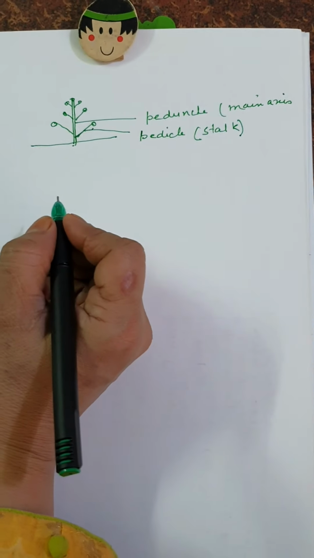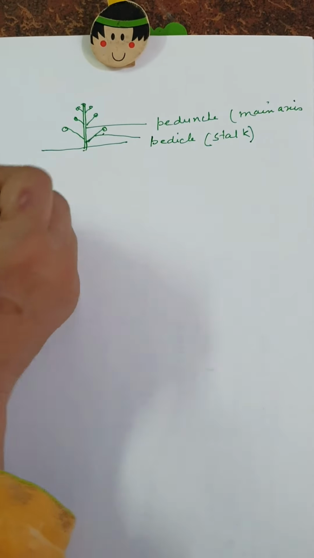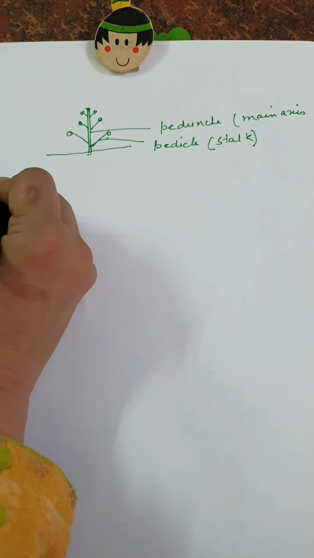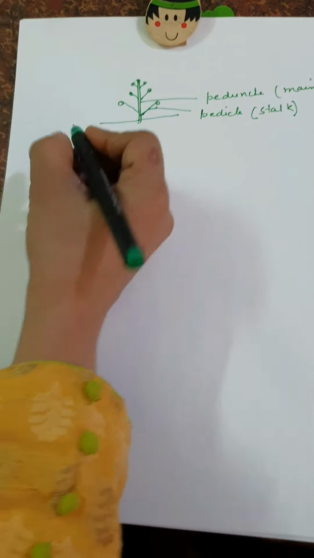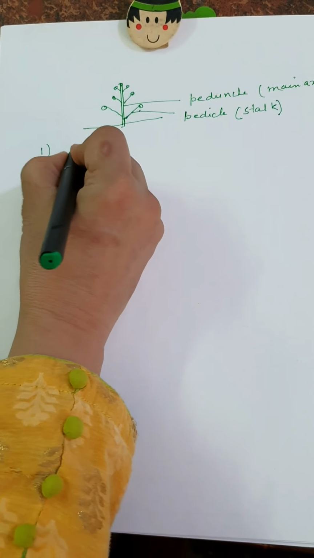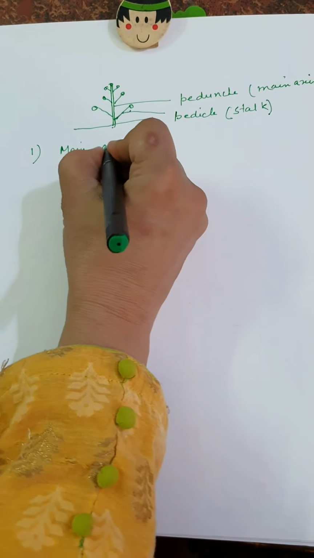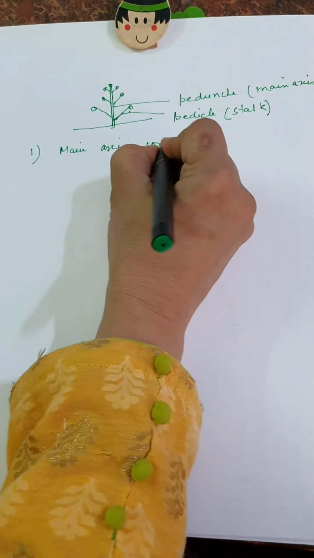So the racemose type of inflorescence has the following characteristics. The main axis continuously grows.